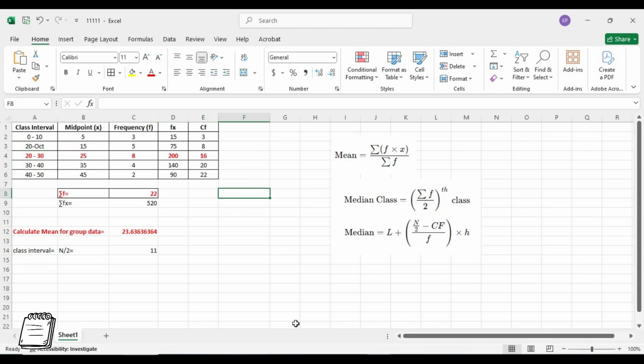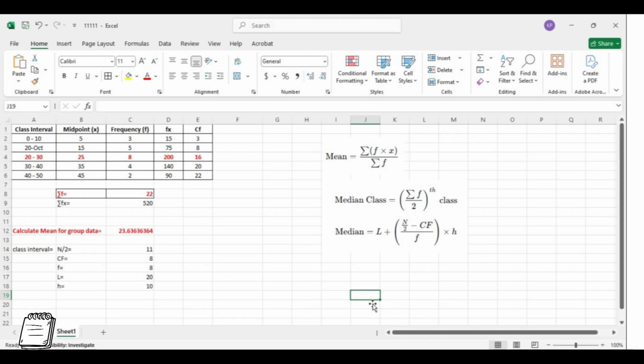So let's calculate the median. Median is equal to L, now first put all the values according to the formula. L is equal to the lower limit of the chosen class interval. The lower limit of the class interval 20-30 is 20. So L is equal to 20.